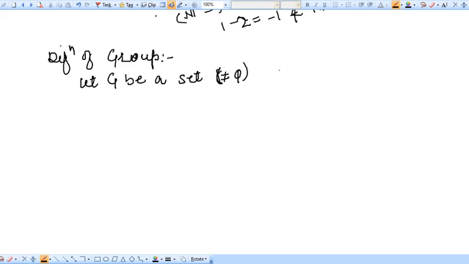Let G be a set and star be any operation, like it could be plus, minus, addition, division, or some other operation, like multiplication of matrices, composition of functions.